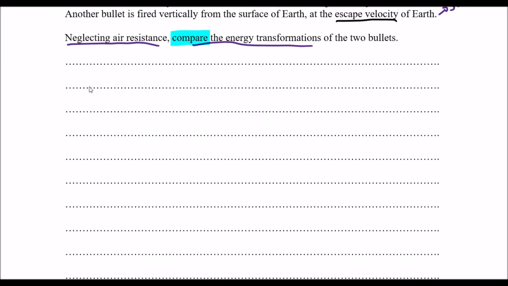And now we are going to try and write a response for this. So if we're doing comparison, like we said, we can talk about the similarities and we can talk about the differences. So let's just firstly look at where the similarities lie.